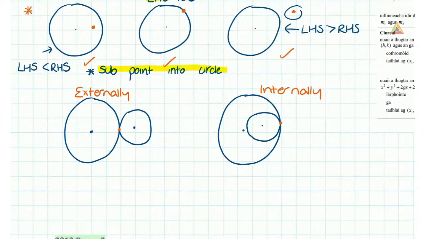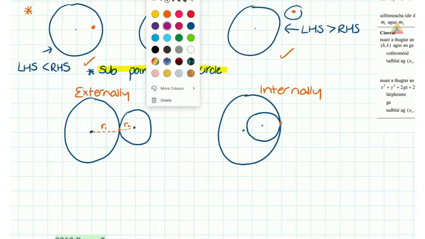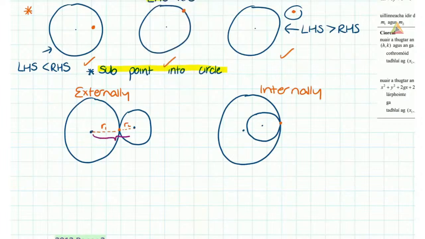And a diagram is really, really useful here because in this case, if you add the radius of the first one, so we call that R1, to the radius of the second one, well, that should be equaling the distance between my centers, and we'll call that distance D. So if the distance between the centers is equal to the first radius plus the second radius, therefore the circles touch externally.